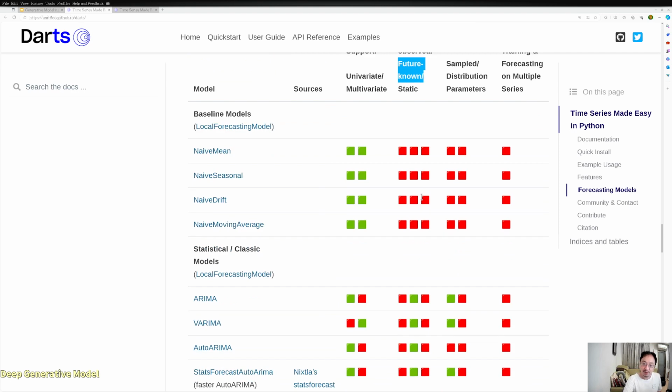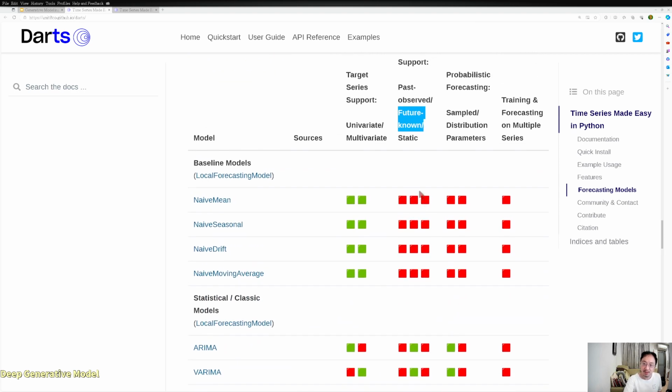You may see that for a lot of models, like naive models, covariates don't make much sense. For example, if you are using the mean of the history as a prediction, then neither the past observed covariate, the future known covariate, nor even the static covariate makes much sense, because you simply compute the mean of the history.